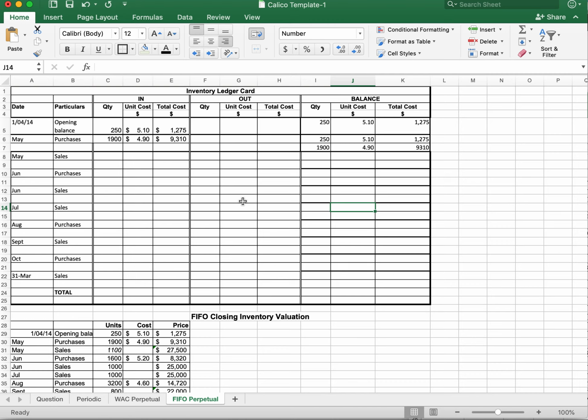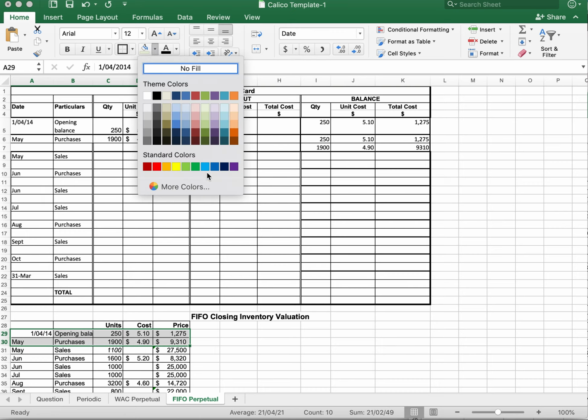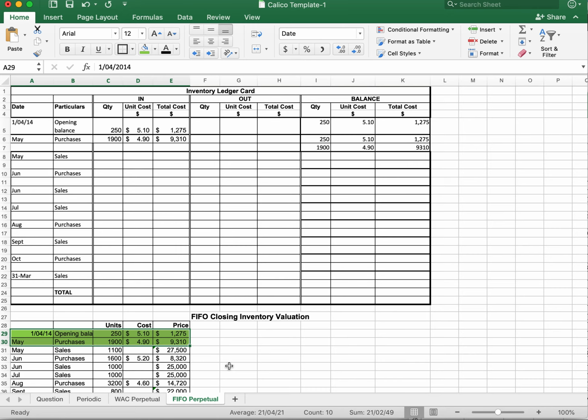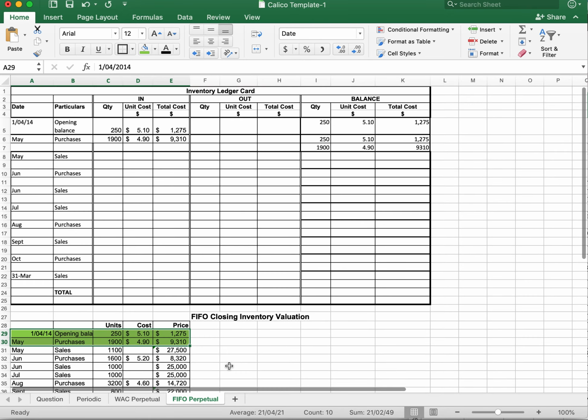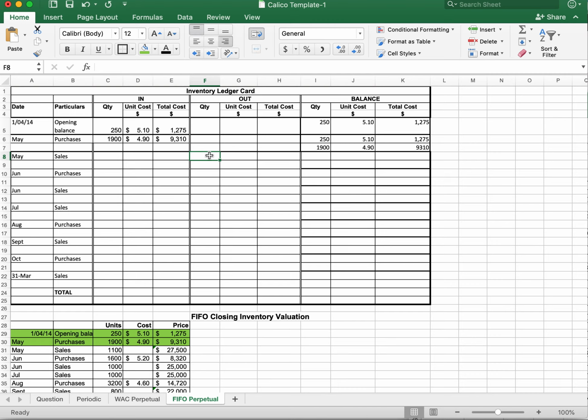Then the next thing that happens is we sell something. I'm going to keep my head straight by color coding these as I've entered them, so I know which I've done. The amount that we sold is 1100, but we need to sell the first 250.